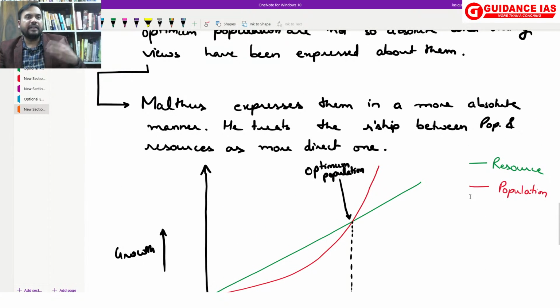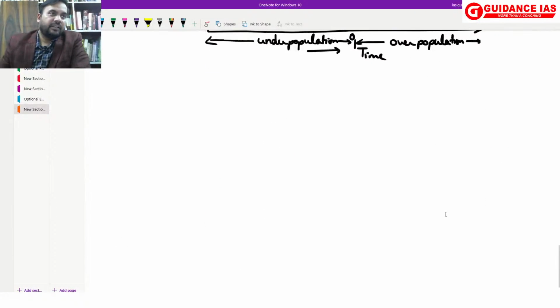Malthusian idea treats these terms as more absolute. Okay. So normally what should happen? Normally, as population increases, according to Malthus, the capacity of population to grow is much higher than the Earth's capacity to produce resources. So for Malthus, ultimately overpopulation situation is inevitable as humans continue to grow their population.